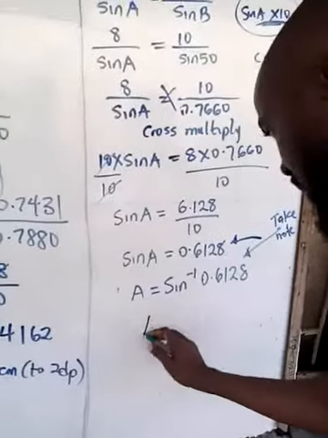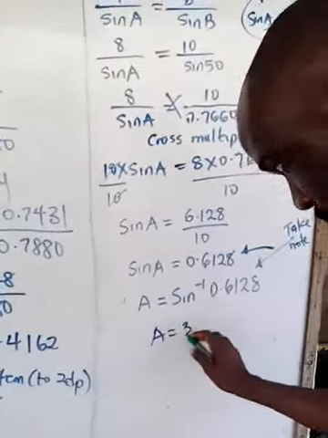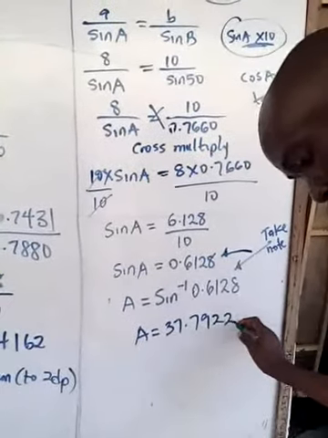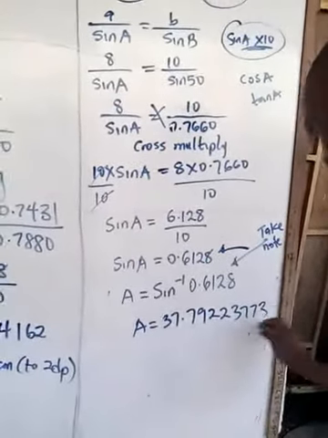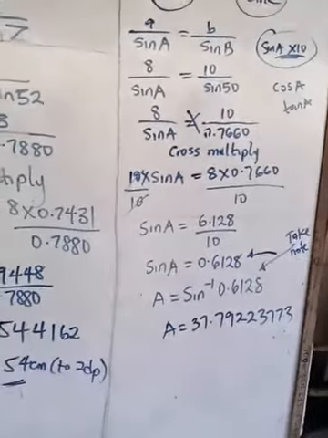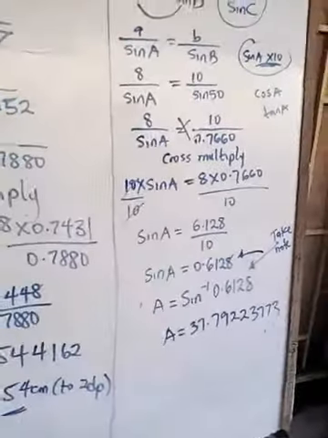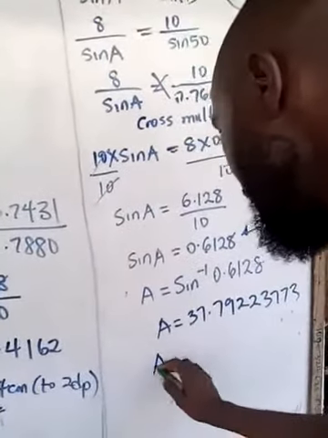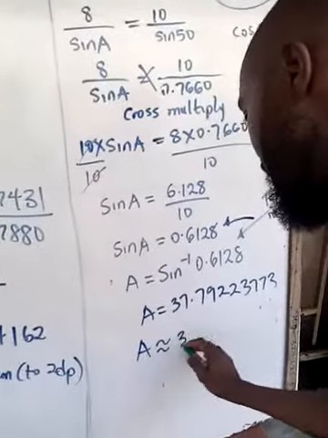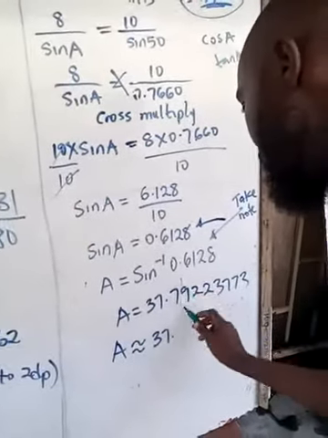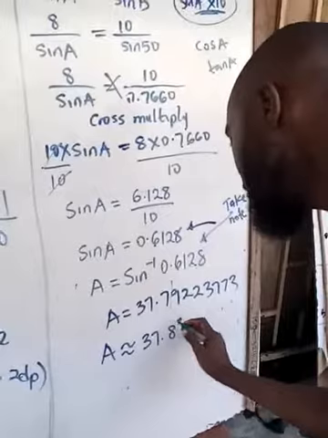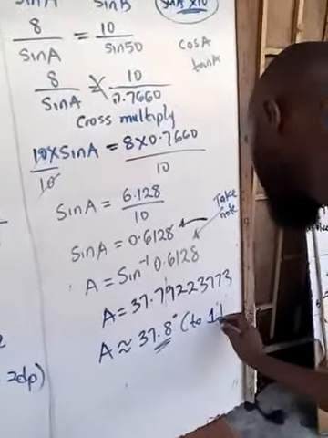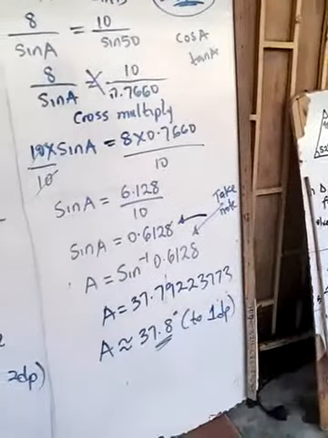So we have A is equal to 37.79222377. But of course we can't leave the answer like this, so let's use one decimal place. A is approximately 37.8 degrees to one decimal place. It's as simple as that.